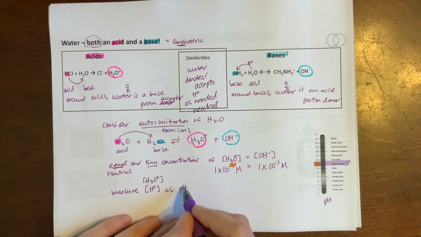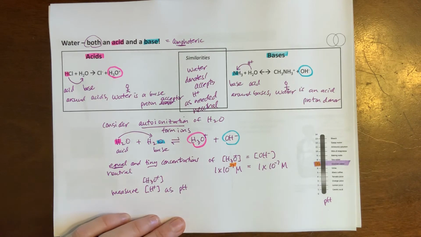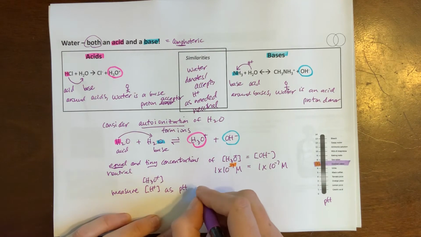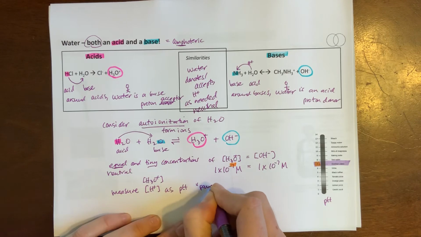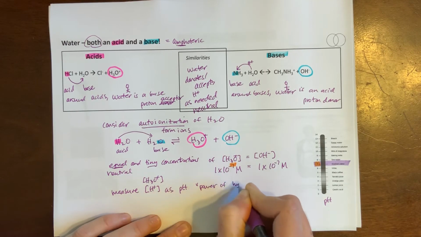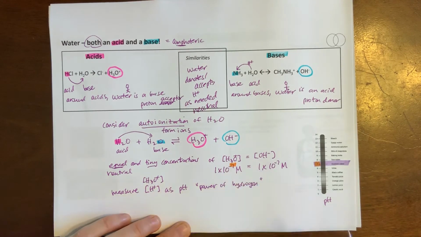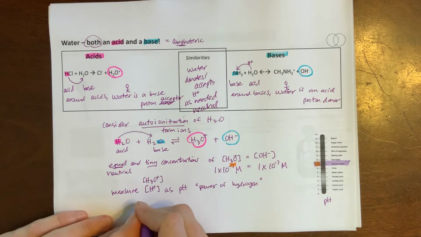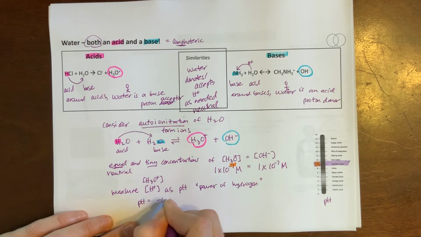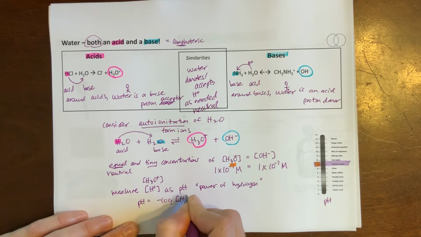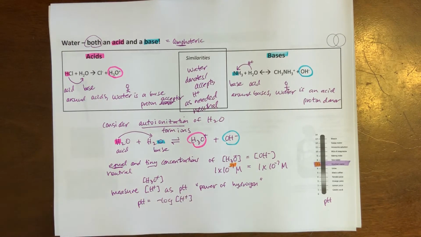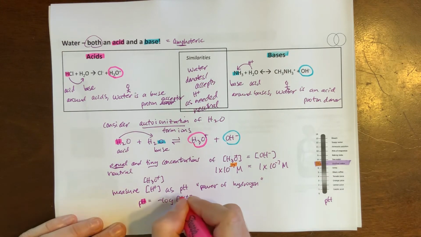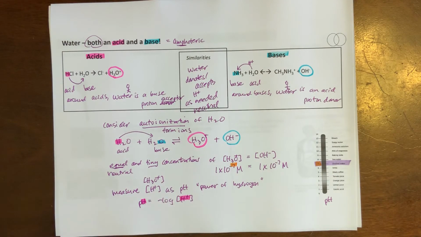And that came from French. They're not exactly all in agreement about what the P stands for, but we can use it as the power of hydrogen. And so we're looking at exponents here. So pH, the formula for it is -log times the concentration of H+.